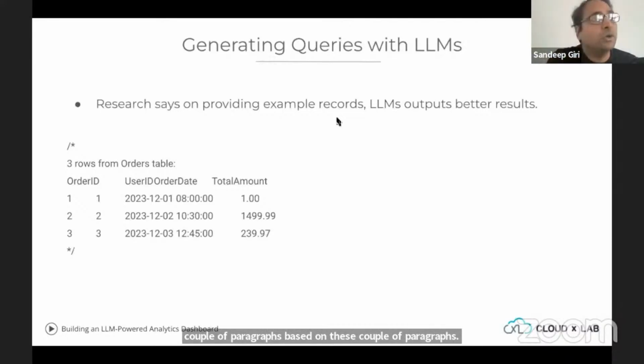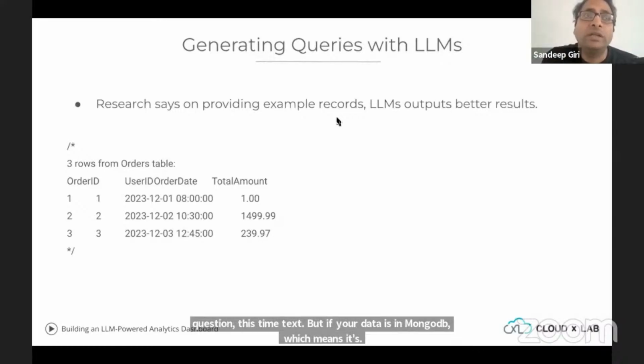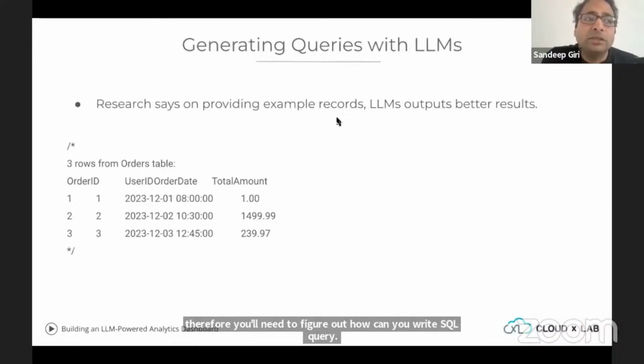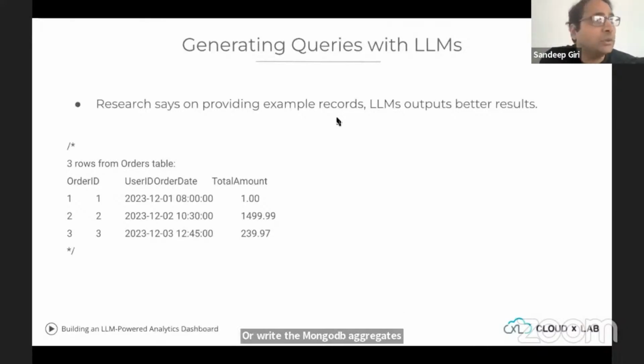If your data is in MongoDB, which is semi-structured, you'll need to figure out the MongoDB aggregates, and how to write them using LLMs. I'm not very confident about the LLM's ability to generate MongoDB aggregations, but in the meantime you can put a SQL layer on top of MongoDB and follow the process we followed today.